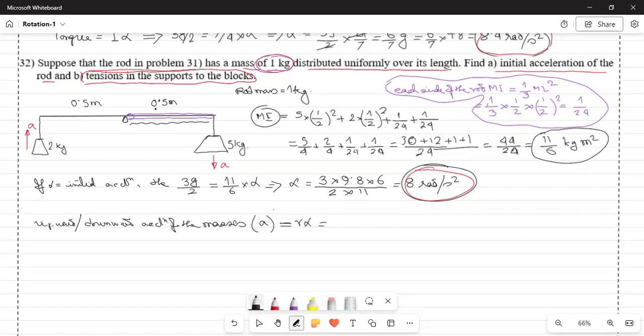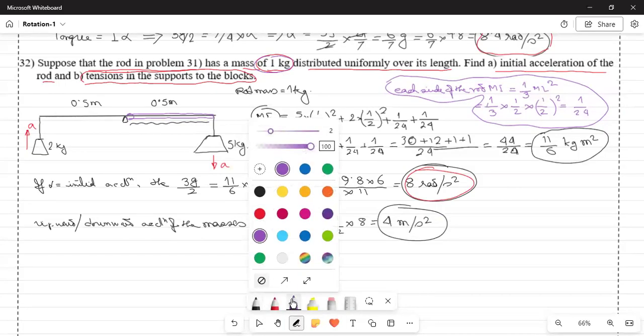R is 0.5 or half. So half into 8, alpha is 8, equals 4 meter per second square. So the upward or downward acceleration is 4 meter per second square. Once you've defined this acceleration, you go to define the other aspects of this motion.